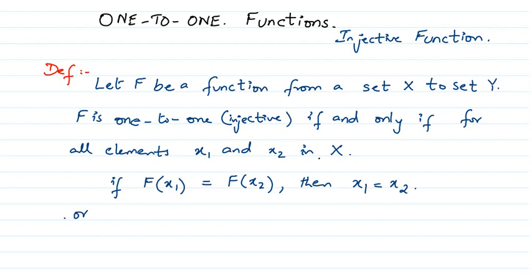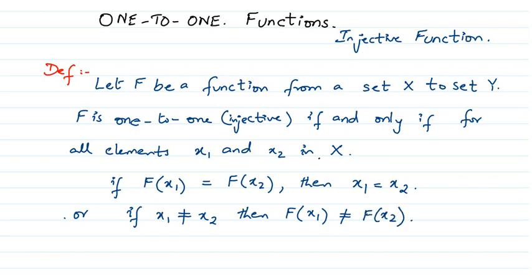Or equivalently, if x1 and x2 are not the same, that is they correspond to two different values, then the values of the function at those points x1 and x2 should also not be equal to each other, right?